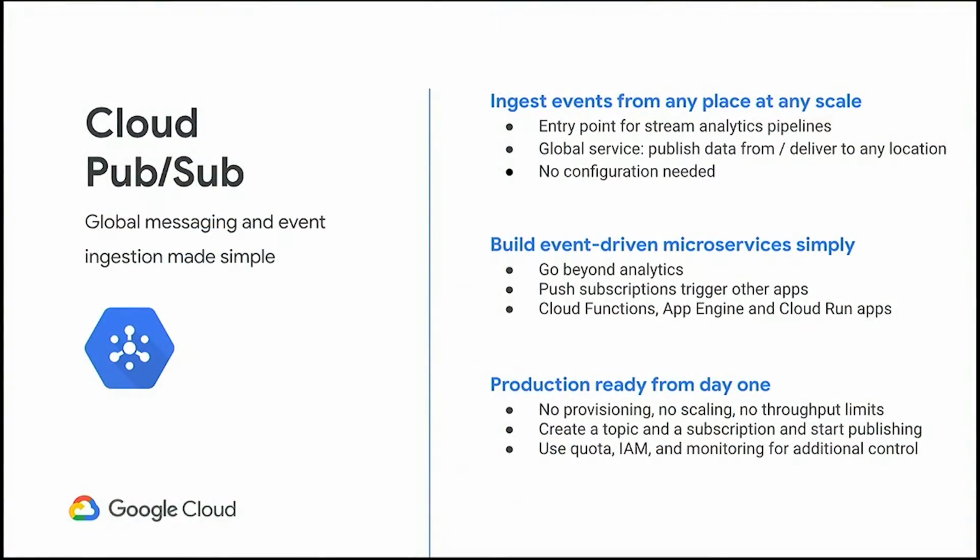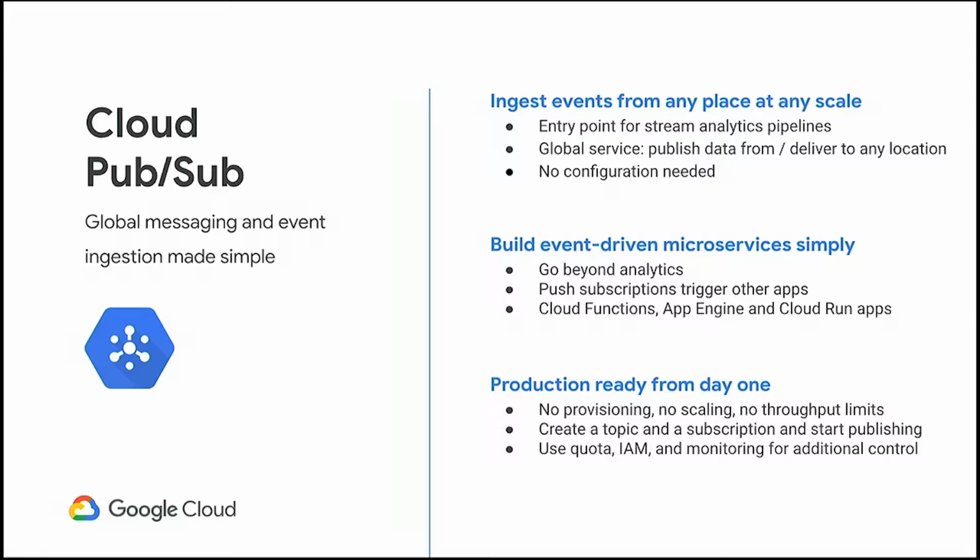Let me also tell you a little bit more about Cloud PubSub. Cloud PubSub is Google's global messaging and ingestion event service. It allows customers not to worry about where their infrastructure is running. There's no provisioning needed. You create a topic, you create a subscription, and you can start to globally ingest data and deliver data globally as well.